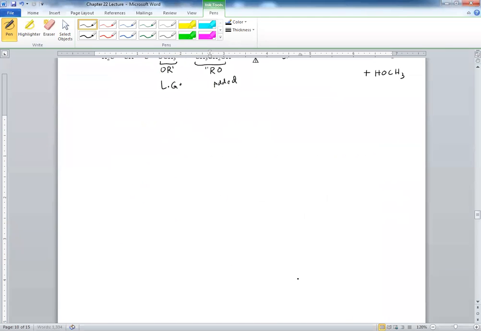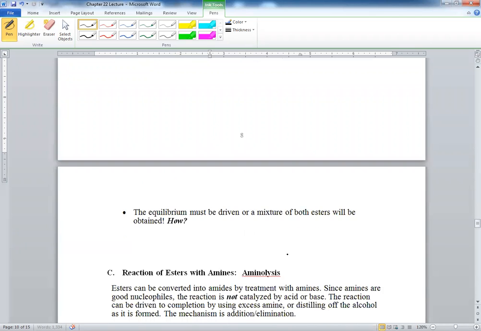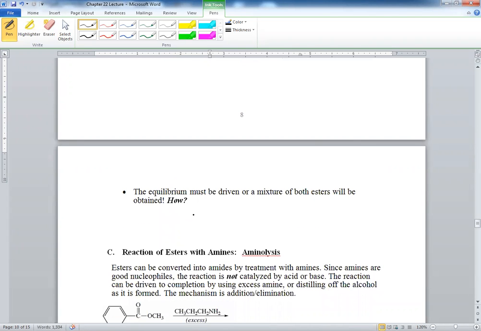Now, I know there's a lot of space here, but how do you drive the reaction toward the product? Same as we said before. Number one is you have excess alcohol.